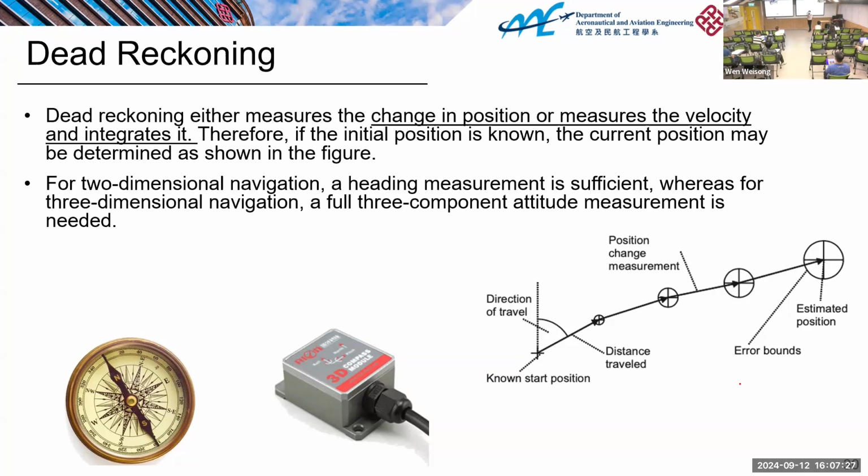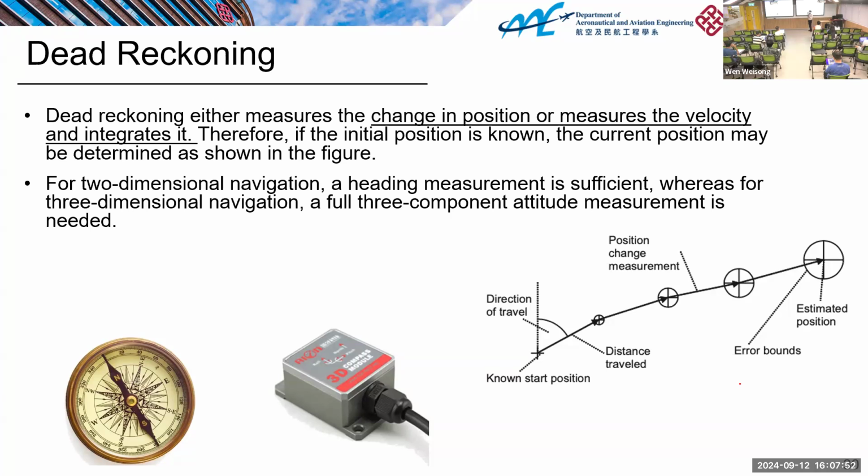It can provide the acceleration in three different directions. The second component is the gyroscope, which provides the angular velocity, the angular speed. Based on the acceleration measurement from the IMU, you can calculate the change of your velocity.